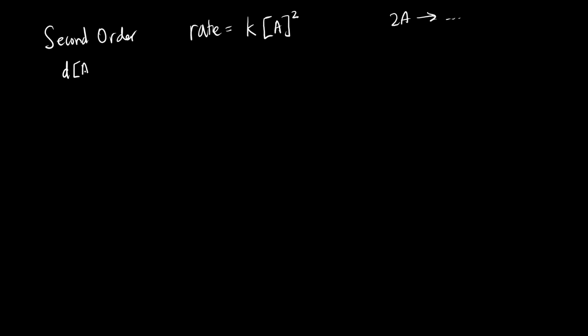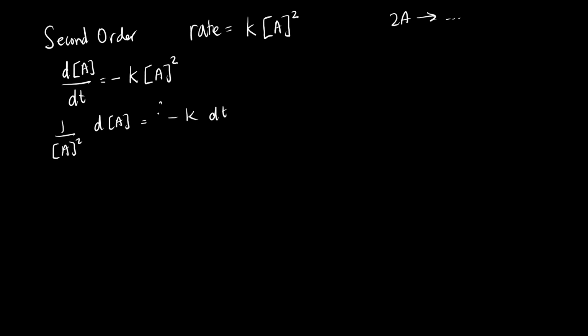Rate is going to be dA by dt, going minus to talk about disappearance, k A squared. Let's rearrange. We're going to divide by A squared, times by dt, which again isn't correct, which I'll just say every time, but it works. And then I'm going to integrate. Integral of 1 over A squared is minus 1 over A, and that's minus kt plus c.